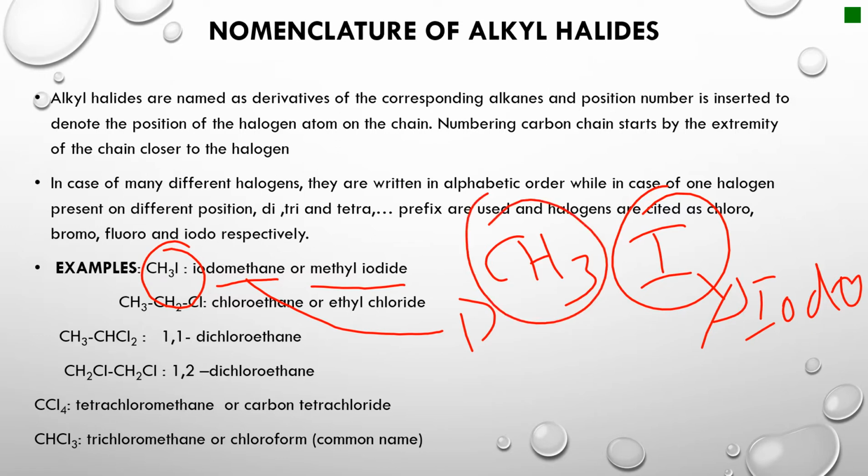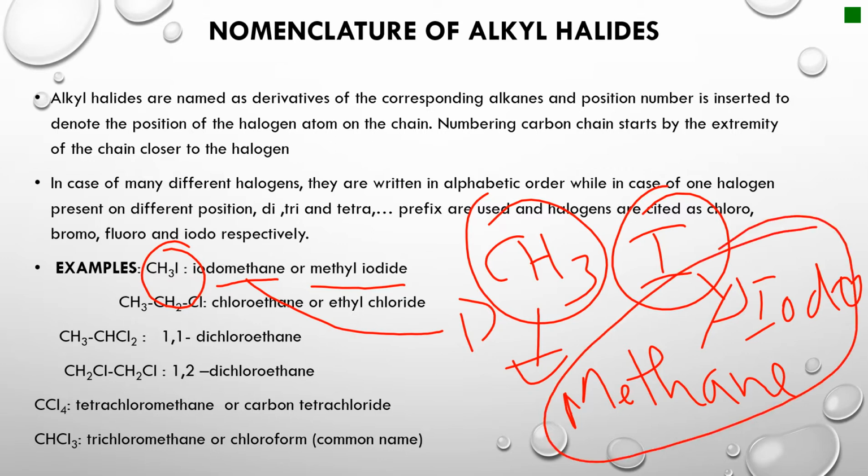And CH3 is a group which came from the alkane whose name is methane. So if we combine the two parts, we reconstruct a name which is iodomethane.